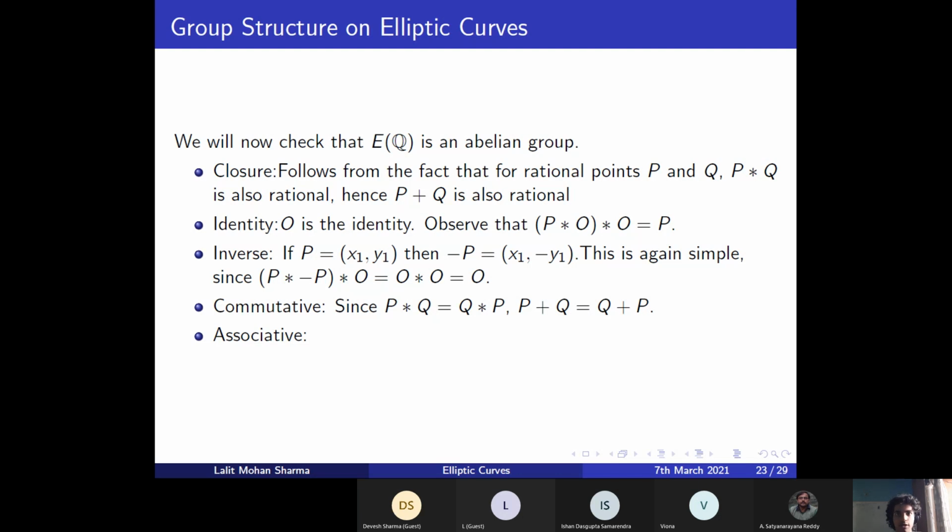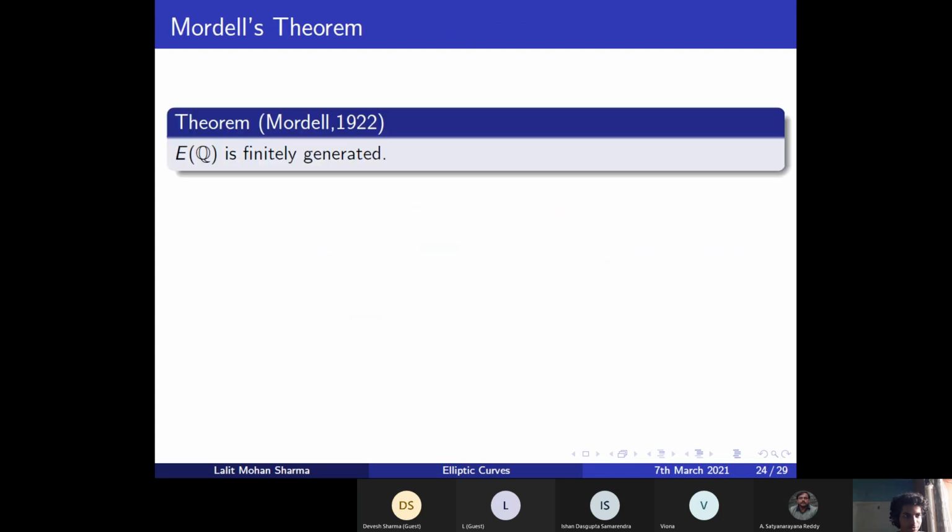It's not straightforward, so we are going to skip this. So take my word for it that E of Q is an abelian group. What I'm basically trying to lead you to is some computational problems because those are interesting.